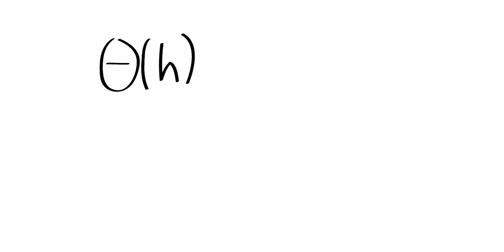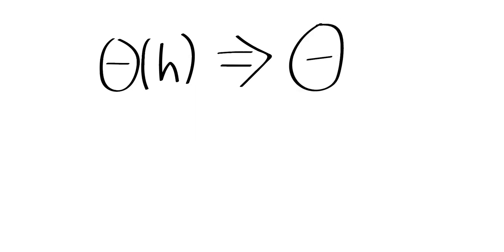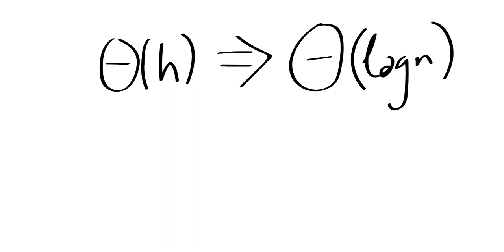So anything that took theta of the height is now going to take theta of log n for this AVL tree.